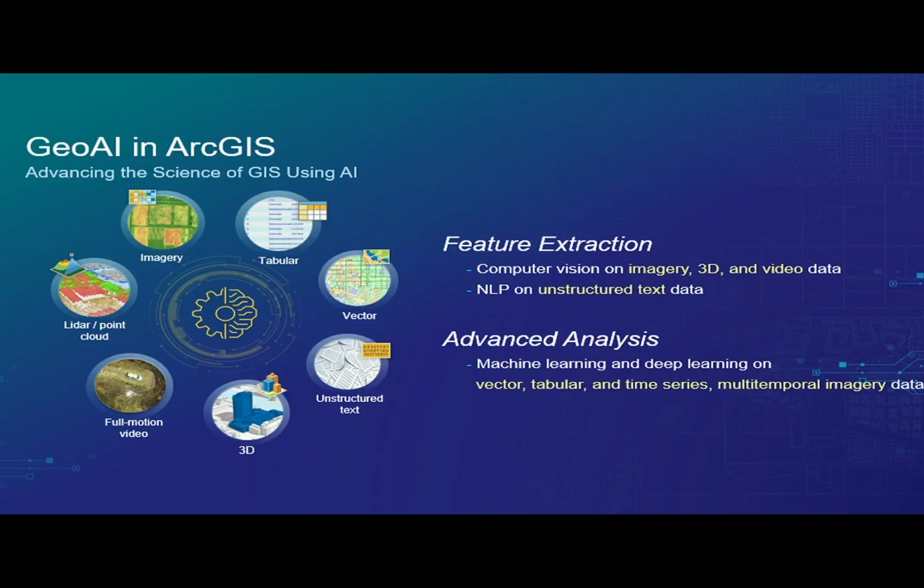This is done by 2 key things: feature extraction. We use computer vision techniques on imagery, 3D data, and video to extract features such as detecting cars or detecting elephants or classifying land cover. Then we use natural language processing on unstructured text data to get meaningful information. So that is about getting information from imagery or text data.